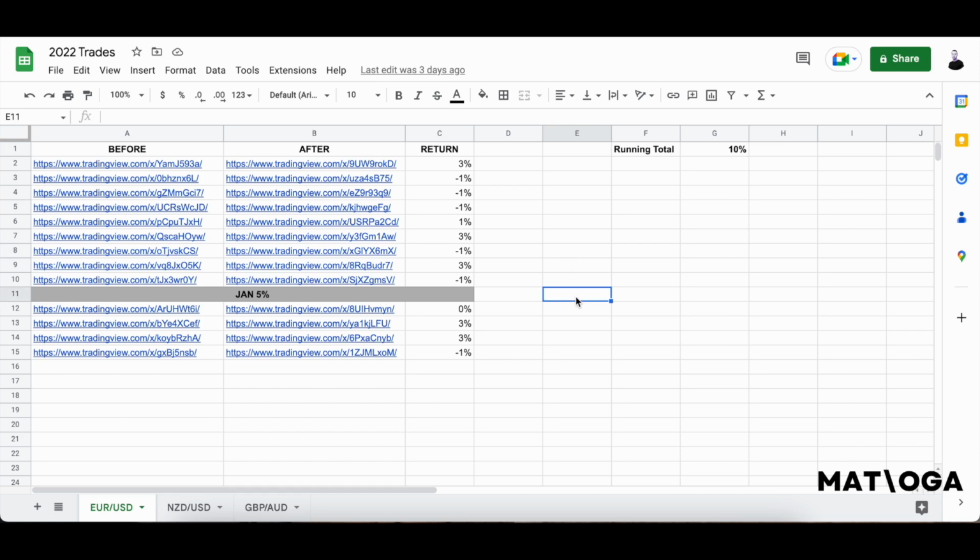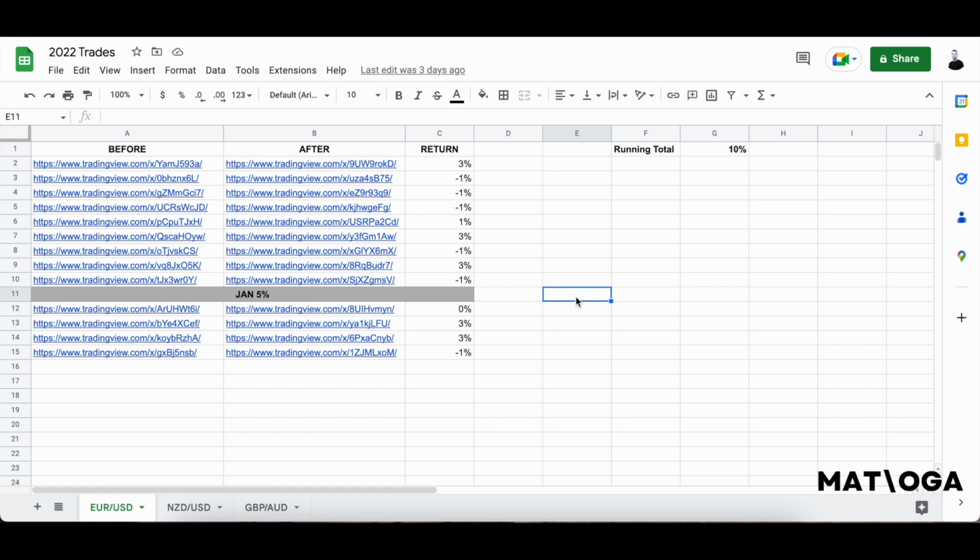In this last episode I will show you Euro USD once again, January of 2022. To be honest, this is a good example where the Euro USD pair is just not my style. I used to backtest and even trade this currency pair a bit, but it's just not performing for me.